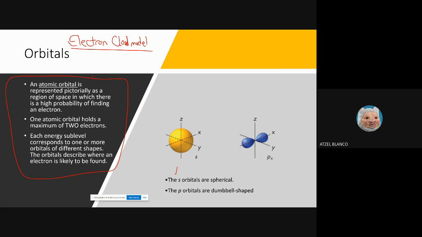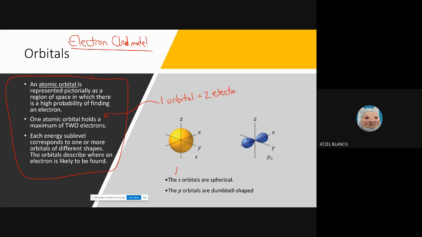First, I'm going to go over what this is. It says an atomic orbital is, picture-wise, a region of space. Space is also volume, right? In which there's a high probability of finding an electron. Something really important that you can also write as an inequality here: one orbital can only hold 2 electrons.